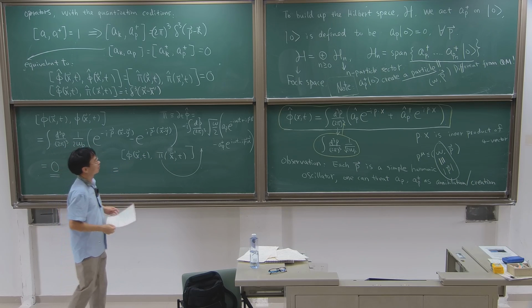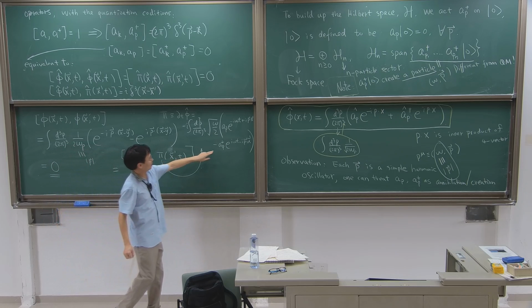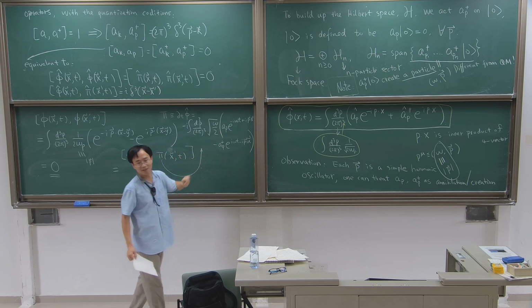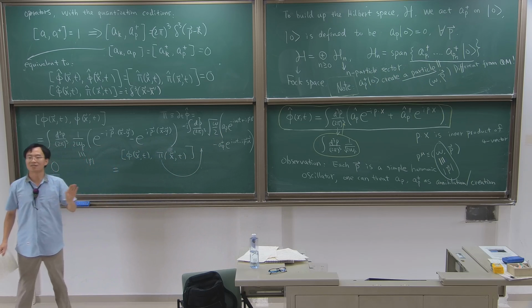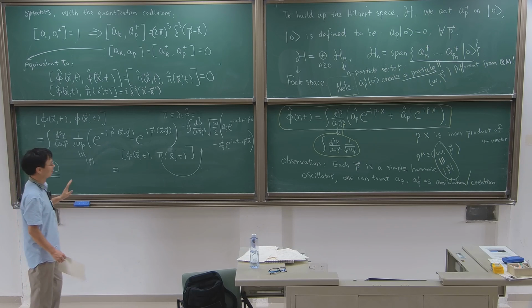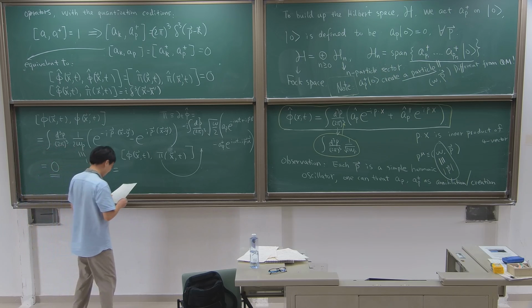And again, the only possible term left over from this commutation relation is coming from the A and A dagger commutator. All others are gone. A commutator equals 0, A dagger commutator equals 0. All other similar commutators equal 0. The only nonzero term left over is coming from the A and A dagger commutator.